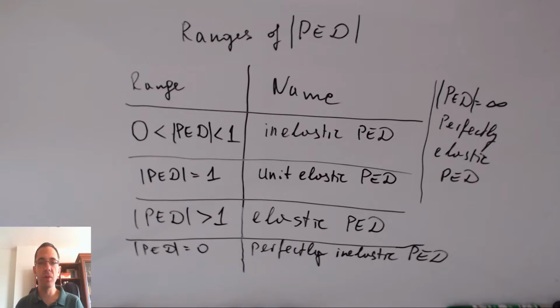For example, insulin. Insulin is a life-saving medicine for diabetics, and that could have a perfectly inelastic demand. People who need it are willing to spend as much money as it needs.